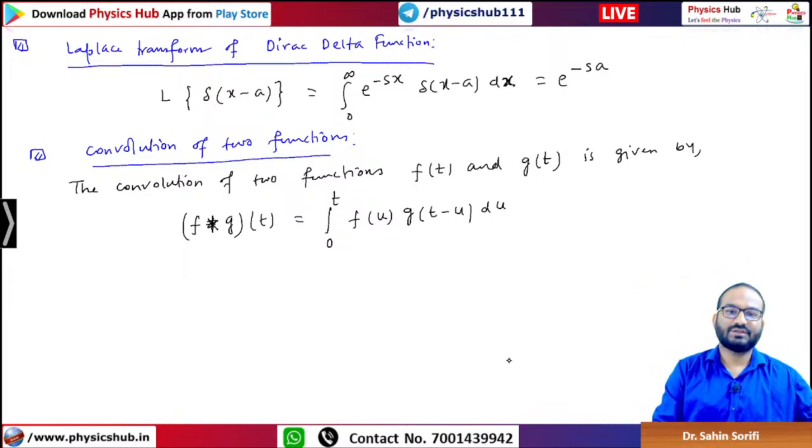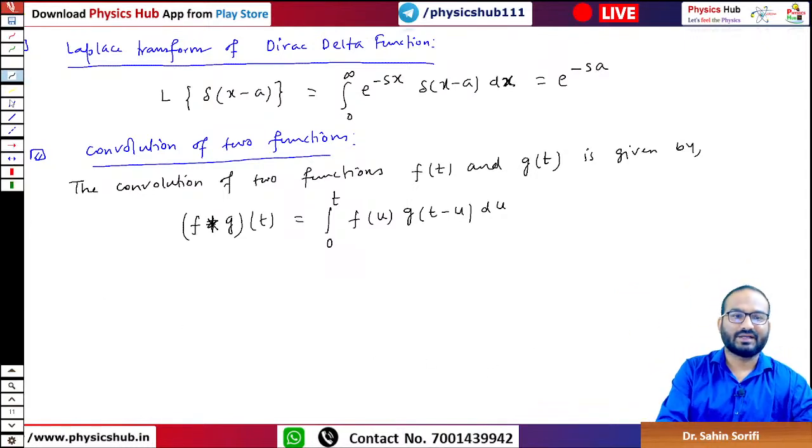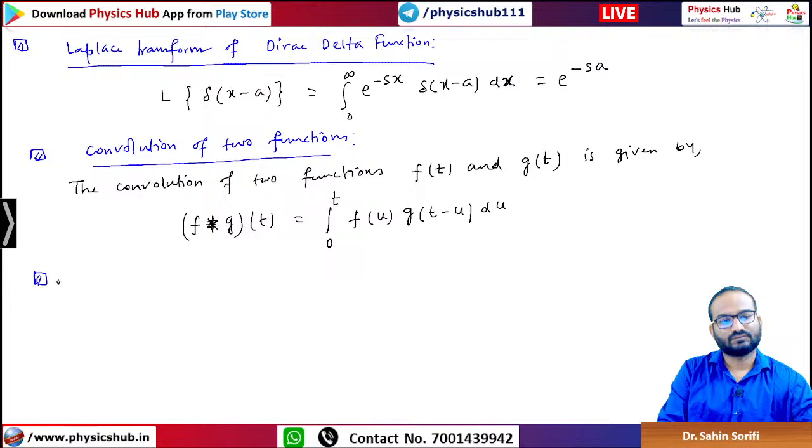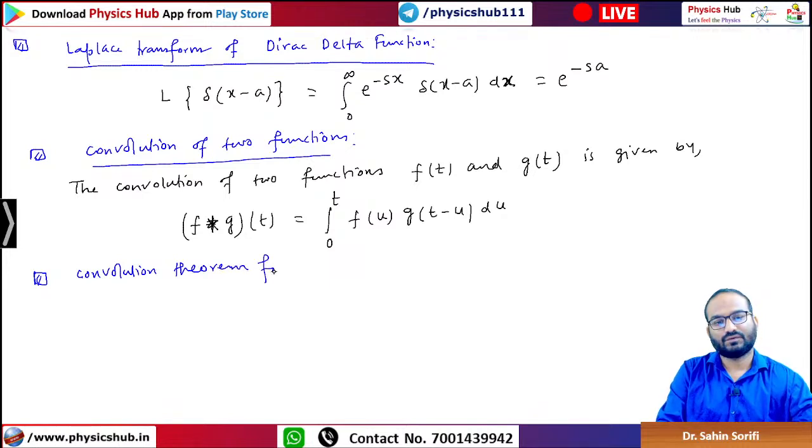Now, what is the convolution theorem for the Laplace transform?